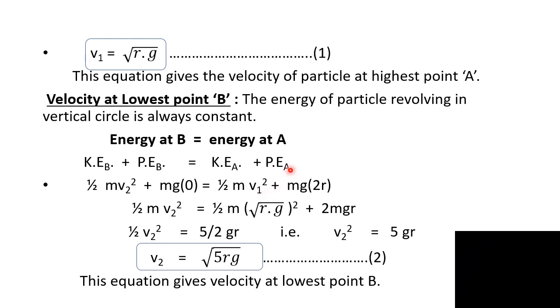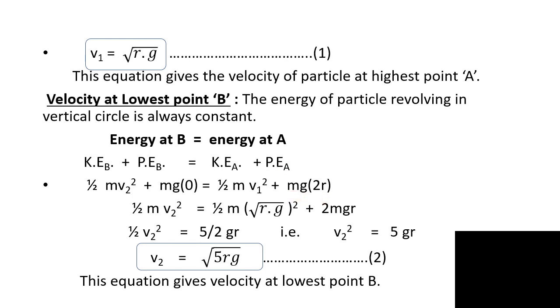Similarly, at highest point the height of the particle is 2r, 2 times the radius from the lowest point. Therefore, potential energy is given by mg into 2r.